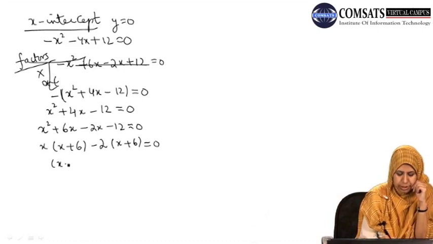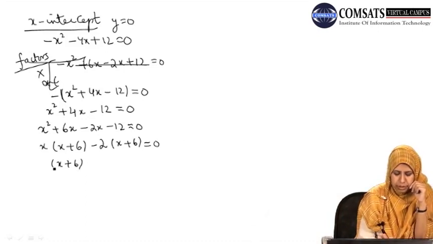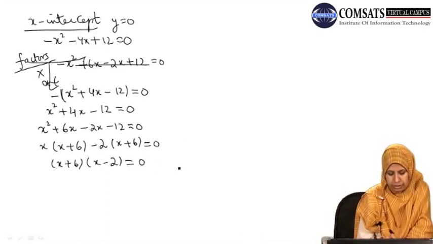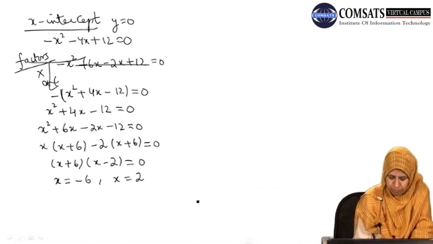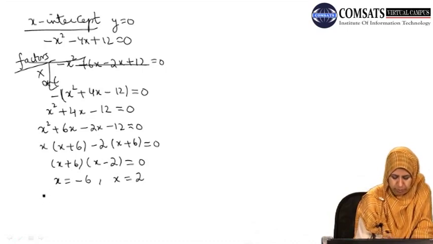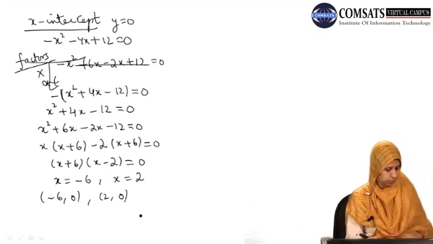Taking x plus 6 common, we obtain x plus 6 into x minus 2 equals to 0, which means that x is equal to minus 6 and x is equal to 2. So now we have our x-intercepts as minus 6, 0 and 2, 0.